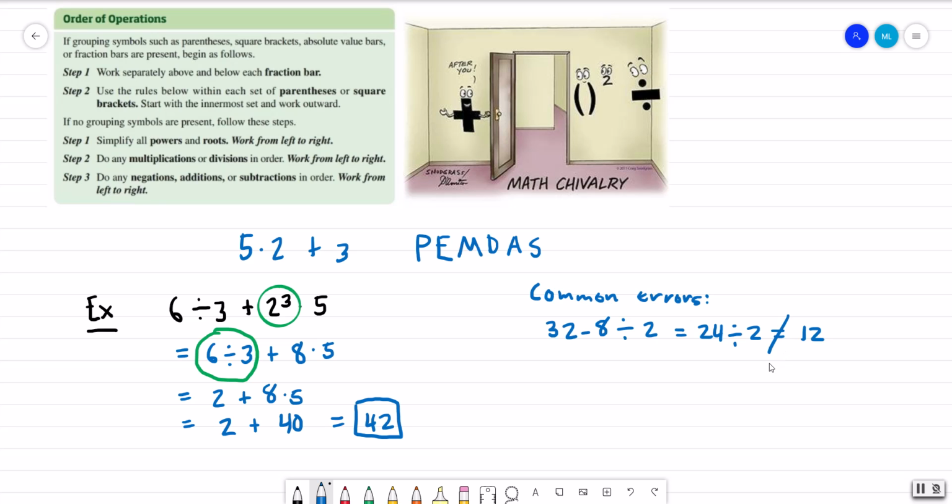You want to try to avoid common errors such as this, because order of operations says that you need to perform the division first, then go ahead and do the subtraction.